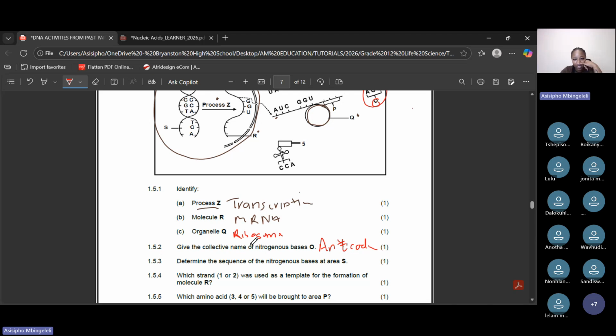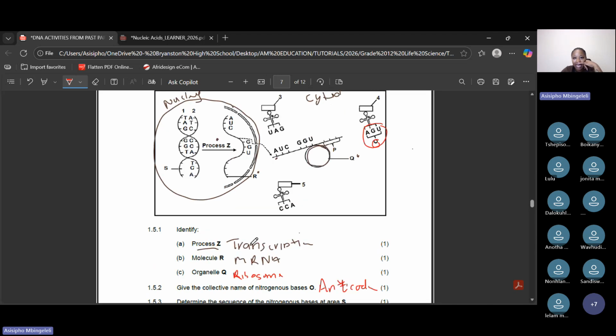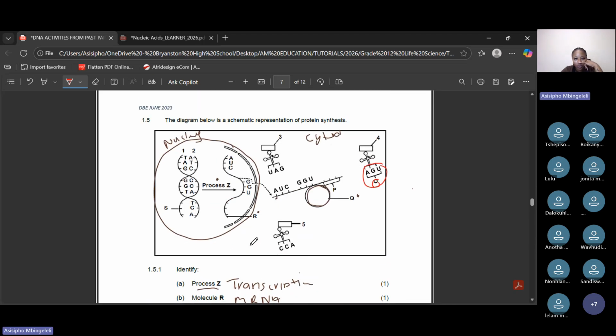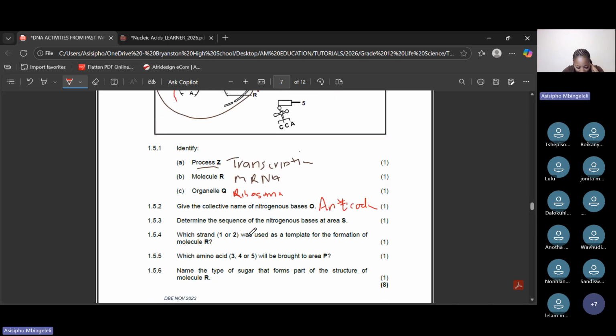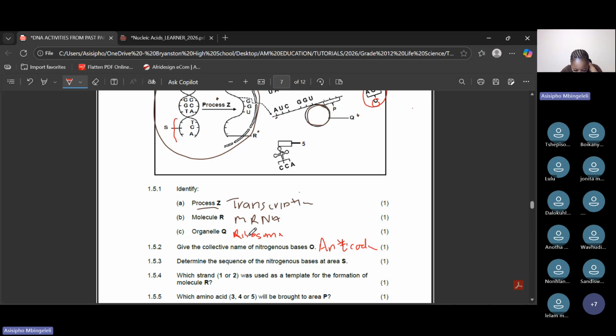Determine the sequence of nitrogenous bases at area S. Where is S? There is S over here. Nitrogenous bases, I am getting AGT. Did you guys also get AGT?